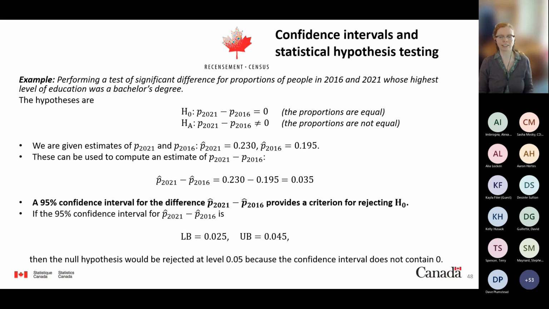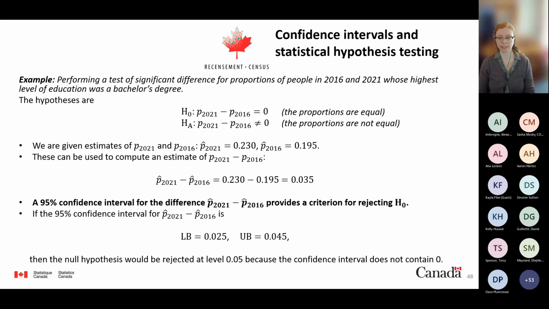So we can see that the estimates are different, but we know that there's uncertainty associated with these estimates. So what we're really asking in doing this test is, given this uncertainty, is the difference between the estimates statistically significant? In other words, is it reasonable to conclude that the difference in the estimates reflects a difference in the true population values?